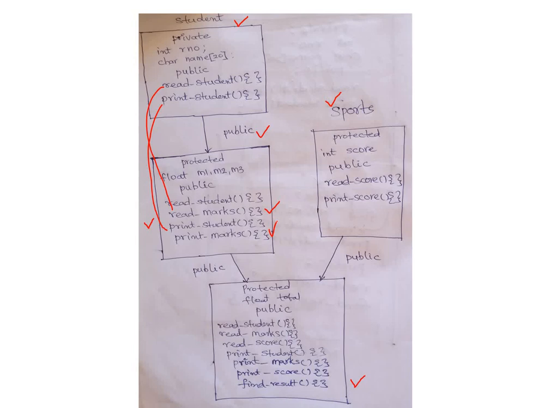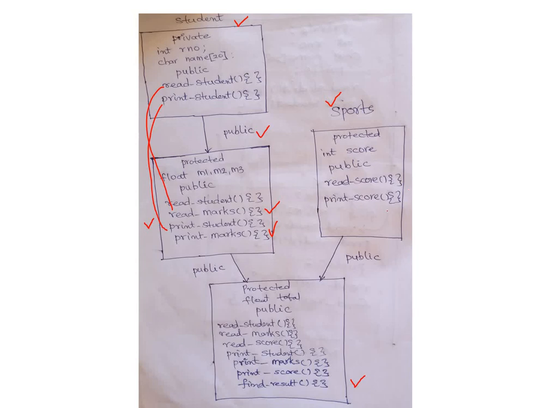Now next let us see sports class. Under the sports class we have written two sections, protected and public. Under the protected section we have written int score. Under the public section we have written read underscore score member function, print underscore score member function.